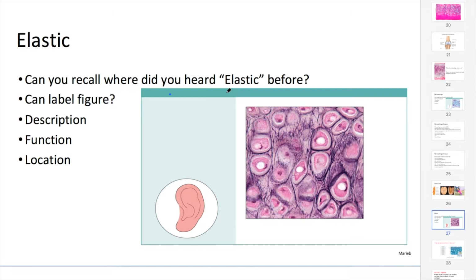You heard this term in connective tissue proper, especially when you talk about dense connective tissue. It's a type of dense connective tissue where we talk about elastic connective tissue. Now we're going to talk about elastic cartilage, which is a type of cartilage. We talked about hyaline, fibro, and this is the last one.